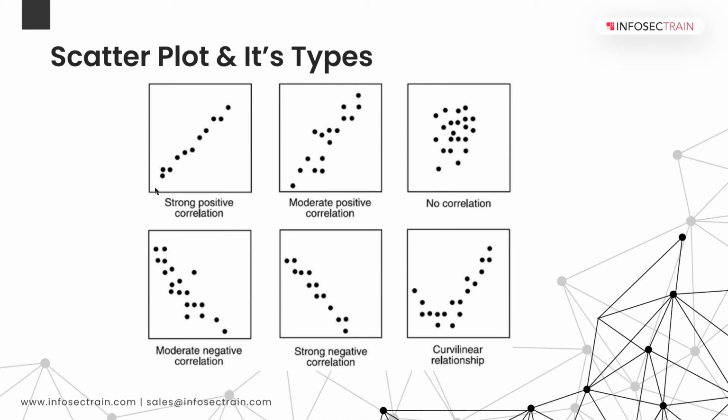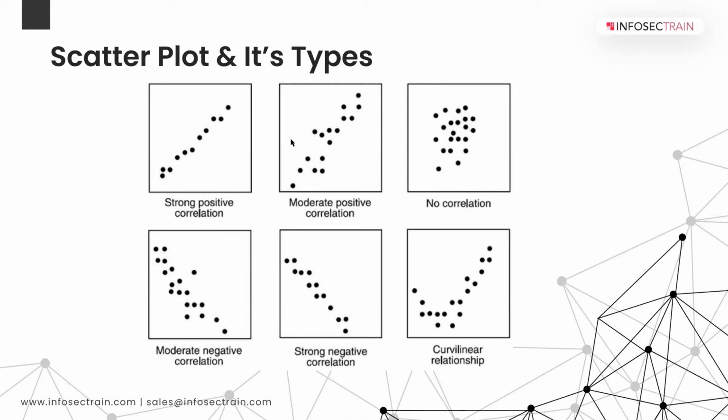Correlation is used for finding out the linear relationship between two columns. For that purpose we use the scatter plot to check which type of correlation there is between the two numeric columns.